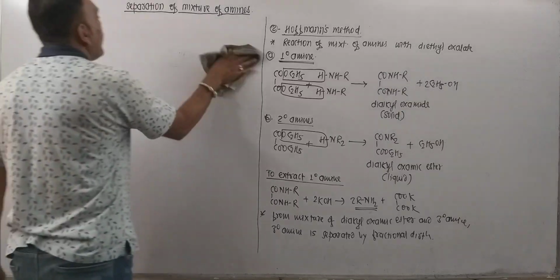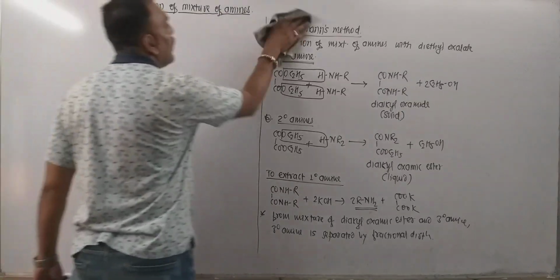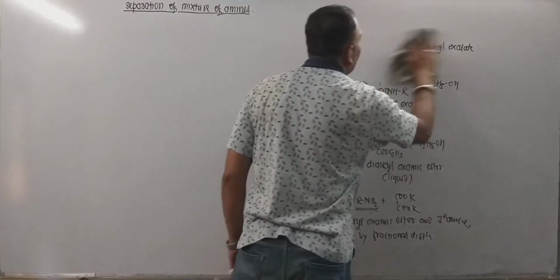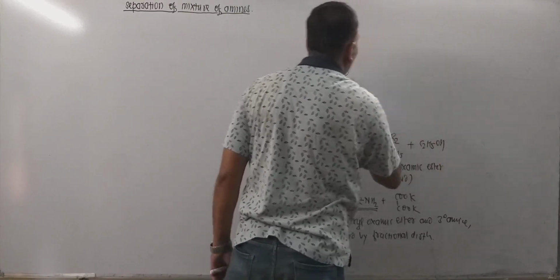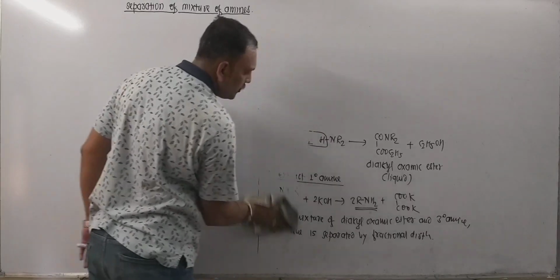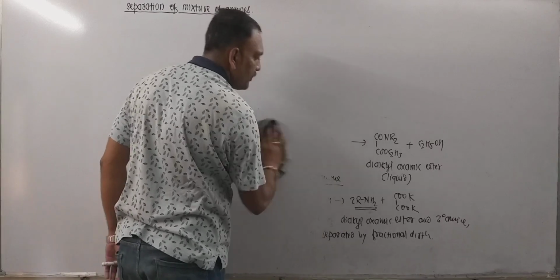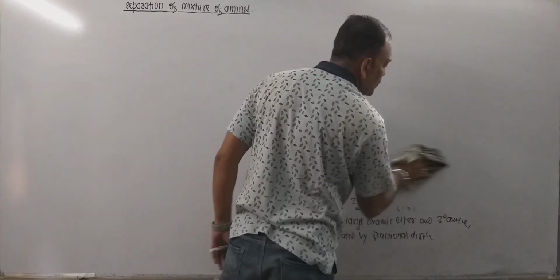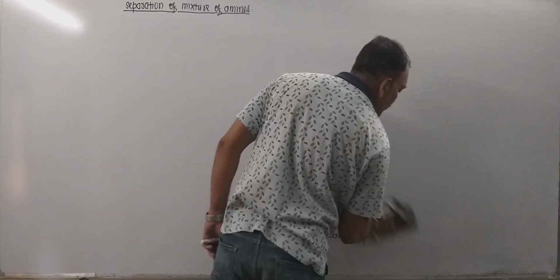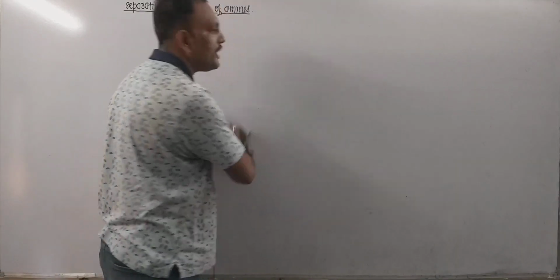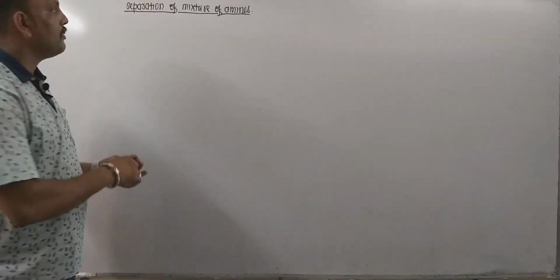Now, apart from Hofmann's method, another very important method is employed to isolate primary, secondary and tertiary amines from the mixture, and that is Hinsberg's method.